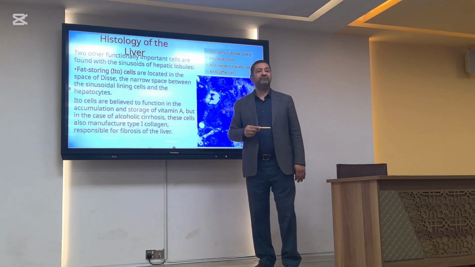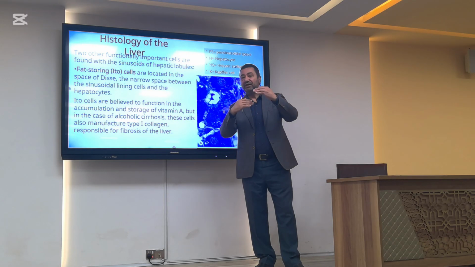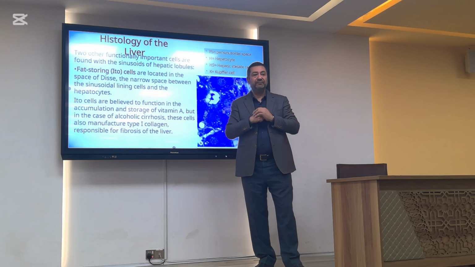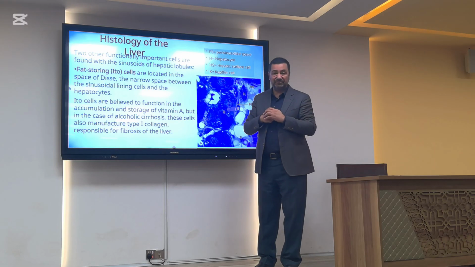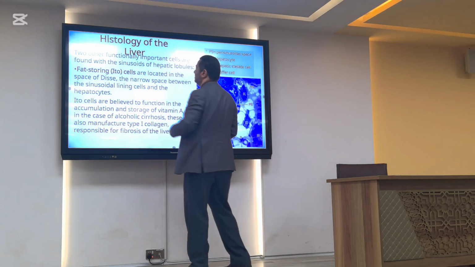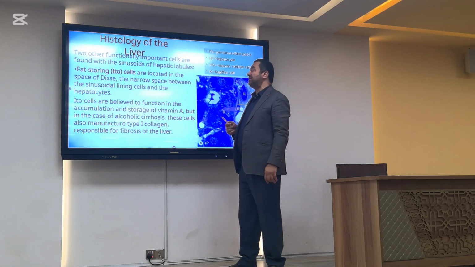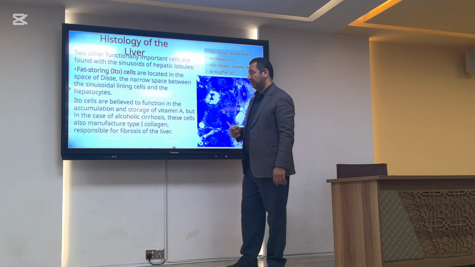Where is the space of Disse? Between sinusoid and hepatocyte, there is a space that is called the space of Disse, or perisinusoidal space. Fat-storing or Ito cells are located in this narrow space between the sinusoidal lining cells and the hepatocytes.